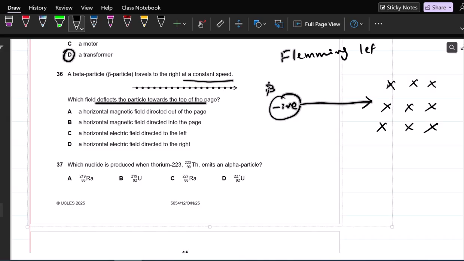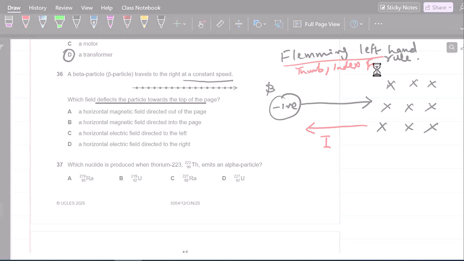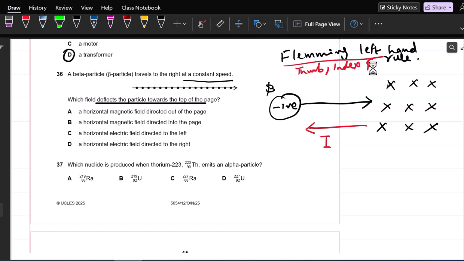Fleming's left hand rule. If it is negative charge, it means current is going opposite to this, because current flows from positive. And Fleming's left hand rule says that all the three fingers, thumb, first finger meaning index finger, and middle finger, they should be at 90 degrees with each other.